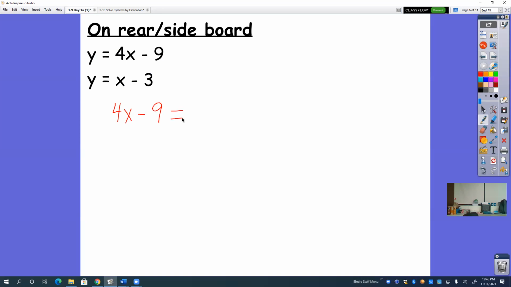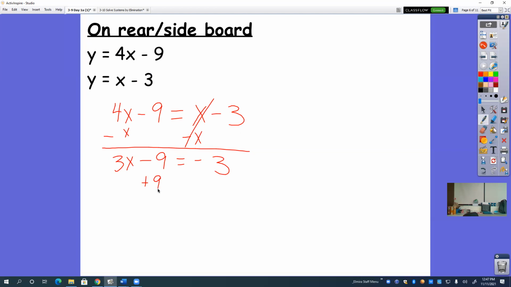Okay, so we have 4x minus 9 equals x minus 3. So once again, we want to cancel out the smaller variable. So we're going to subtract 1x from both sides. Leaves us with 3x minus 9 equals negative 3. And now we have a basic two-step equation.